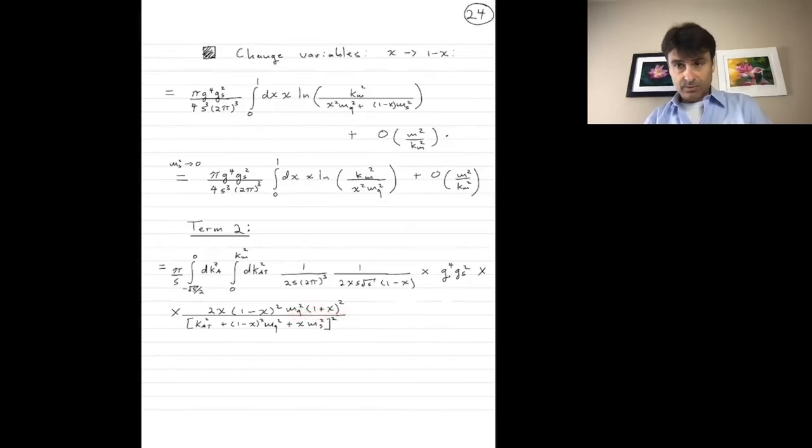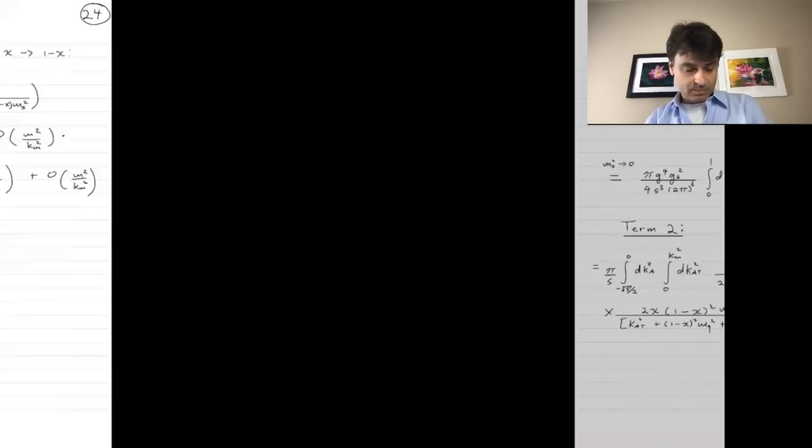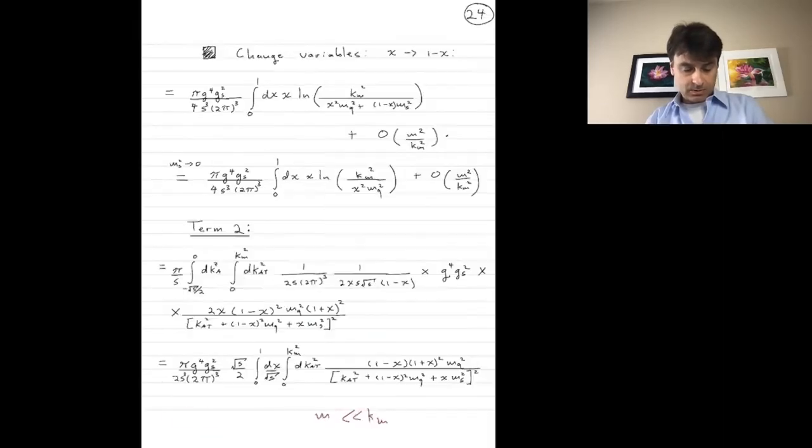Okay, now the calculation proceeds as before in more or less the same way, but the integration over kt squared is just a little bit different. Now again, I still have to assume that the maximum transverse momentum that I can integrate to is much greater than the masses in the problem, just like I did back here. Still much less than square root of s.